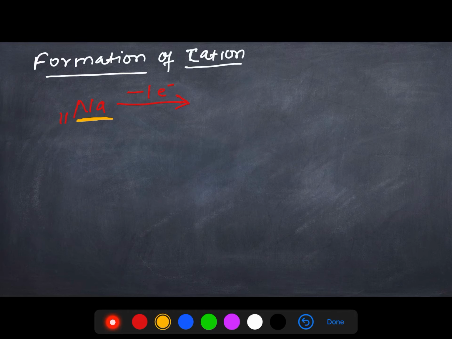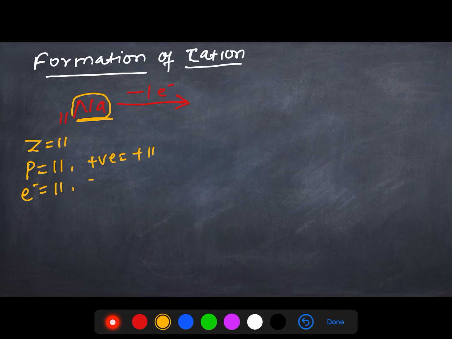Correct? Now, let's do the calculations first for this particular case, when it has not lost the electron. We already know that the atomic number is 11. So the number of protons is 11, right? Because of 11 protons, we have plus 11 positive charge over the sodium. Since this sodium atom is neutral, we don't see any positive or negative sign over the sodium.